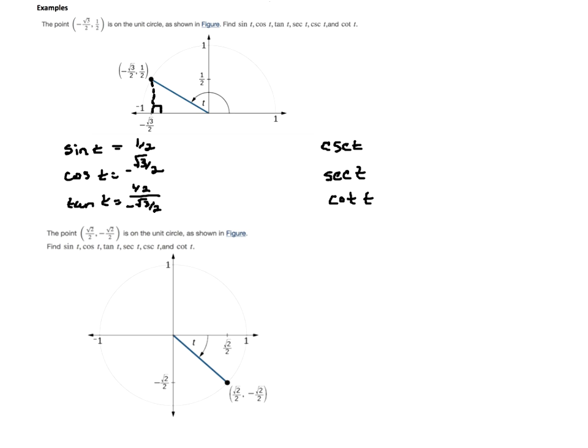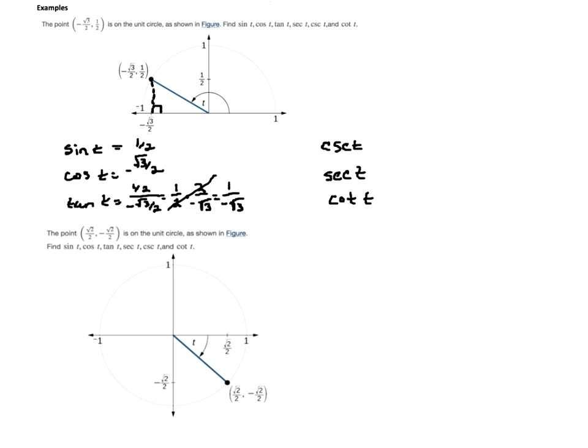Of course, we cannot leave it this way. So the good news is we never divide fractions. We multiply by the reciprocal. So this is 1/2 times the reciprocal, 2 over negative square root 3. My 2's divide out. So I have 1 over negative square root 3.